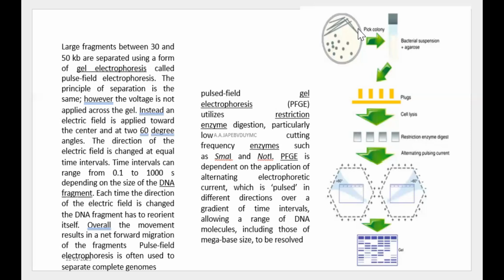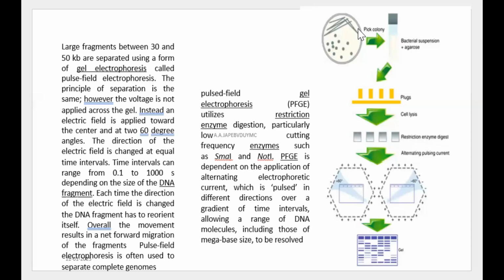So the direction of the electric field is changed at equal time intervals. The time intervals can be, as I said, 60 seconds, but you do not have to stick to that. It can be as little as 0.1 second to 1000 seconds depending upon the size of the DNA molecule under study. So each time the direction of the electric field is changed, the DNA fragment gets reoriented.